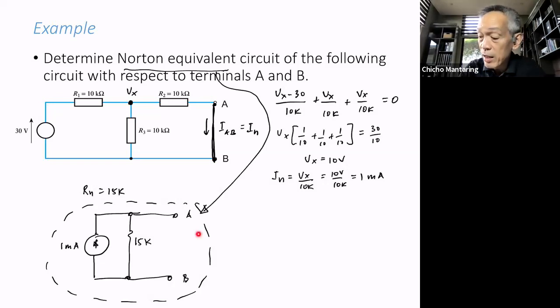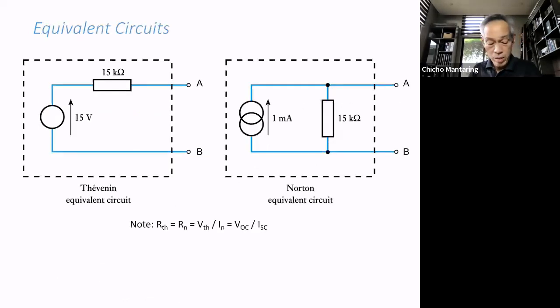Again, whether it is this circuit connected to something or this circuit connected to something, that something will not be able to tell the difference. Note that if I already know the Thevenin equivalent, madaling kunin yung Norton equivalent.